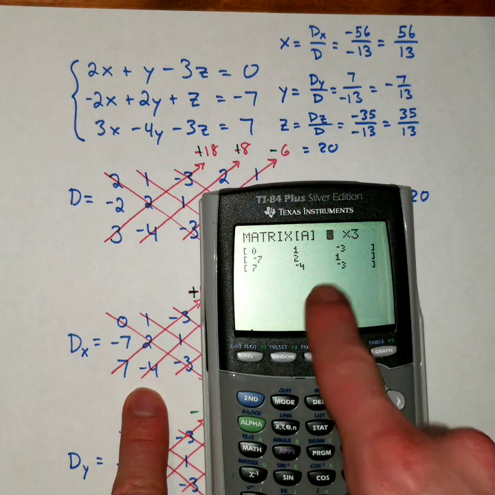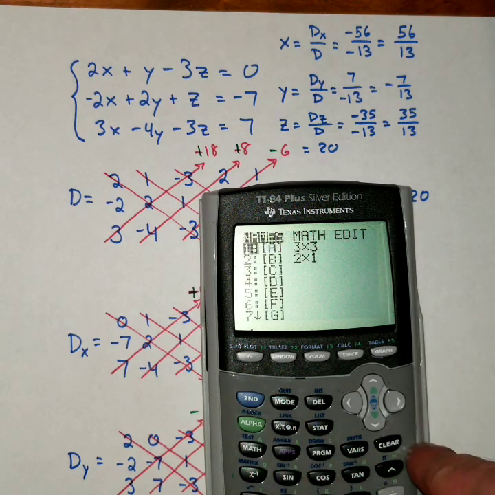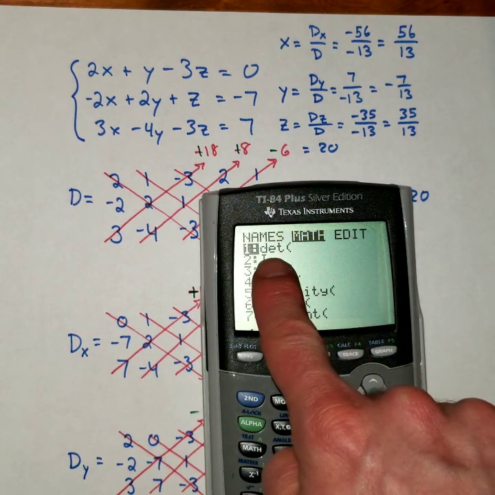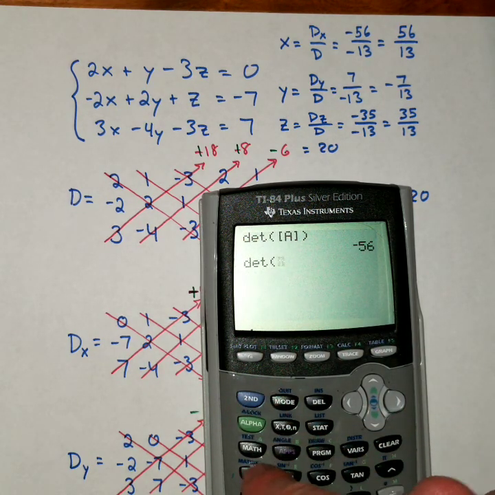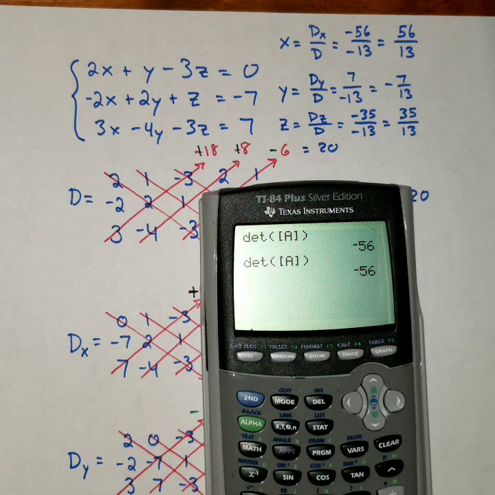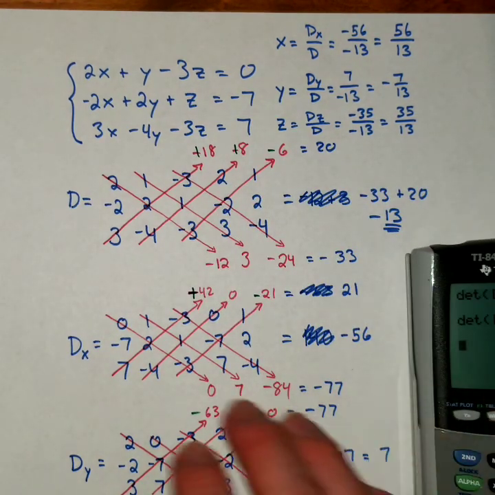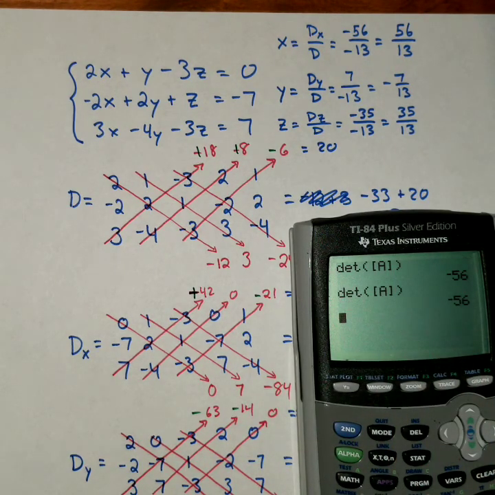This is very similar to the RREF we looked at before, but if you go back into your matrix, go over to math, determinants are the first one. So you click that. I'll do it again just to show you. Then go back into matrix, grab matrix A under names, close your parenthesis, and you get the negative 56. So you can calculate determinants on here for 3x3s, for 2x2s, and for really any square matrix. Your calculators can give you those determinants, probably a little bit faster and more accurately than I did. Although it is very easy to mistype things in the calculator, so just be very careful.